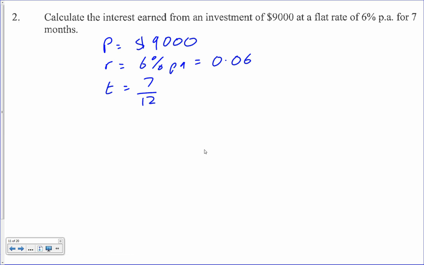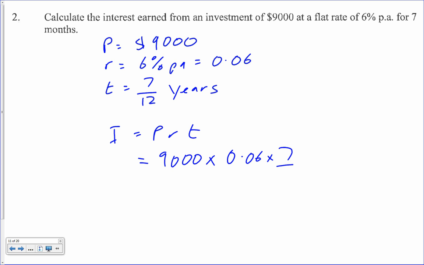So it's 7/12 years. So I equals PRT, so equals 9,000 times by 0.06 times by 7 over 12. So again, we grab our calculator.